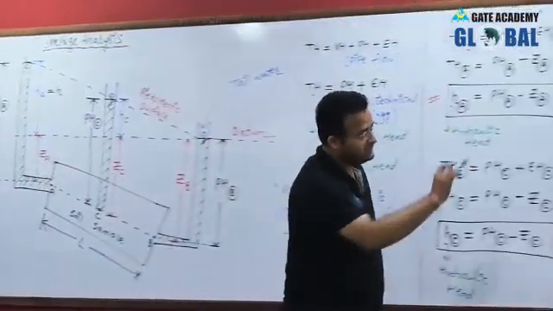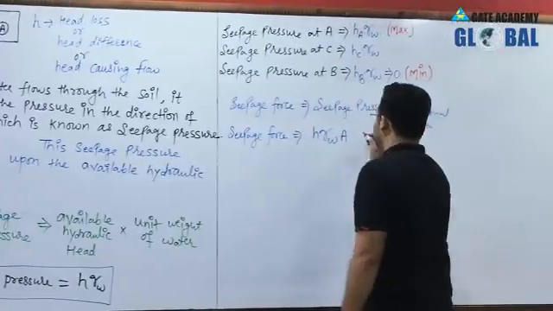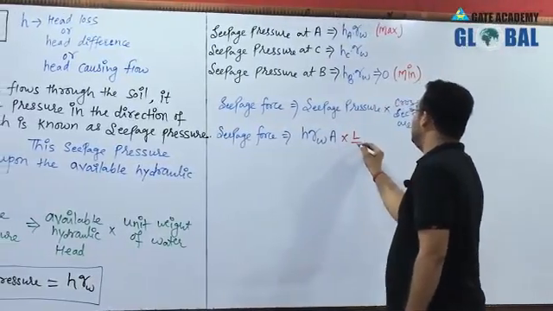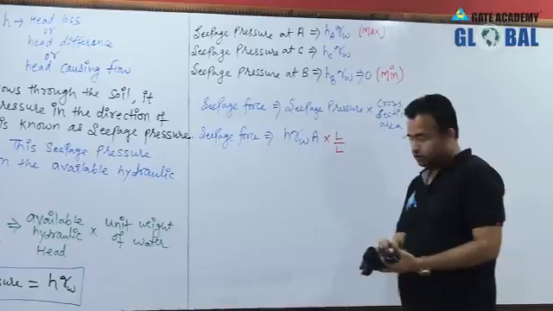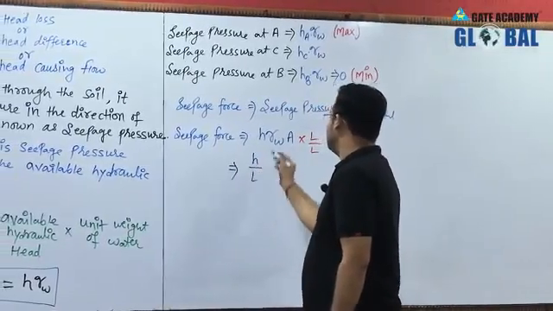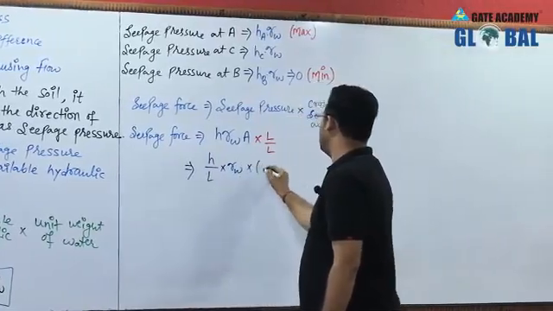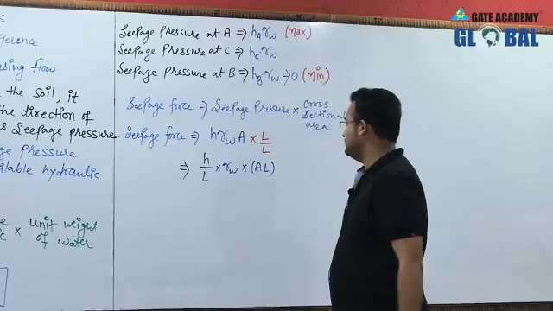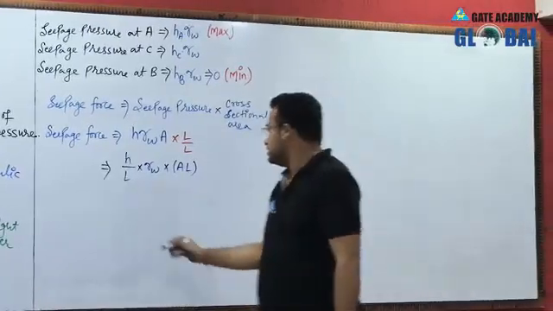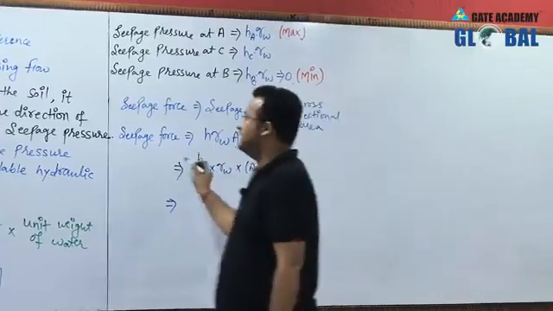So cross sectional area is A there, and what we people are doing, we are multiplying by L and dividing by L. So here what will happen, can I write H by L into gamma W into A into L, like this we can write. So H is the head difference, am I right?